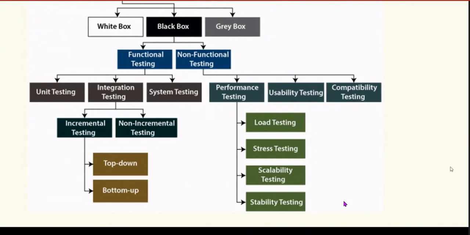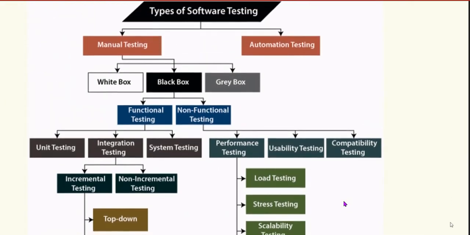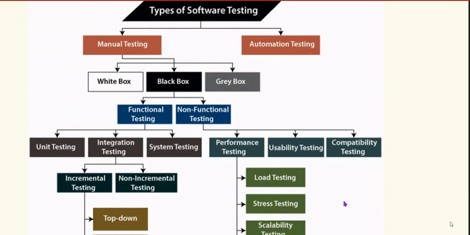And in functional testing, we have unit testing, integration testing, and system testing, where unit testing tests individual units or components of the software. So these units or components will interact with each other, and they will be tested together. And in system testing, it tests a fully integrated software.